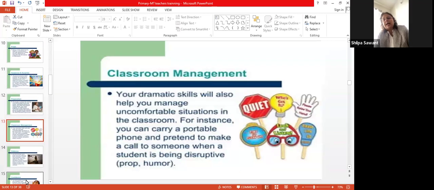Classroom management, as I had spoken earlier, is very important to manage some kind of uncomfortable situation. What does an uncomfortable situation mean? You're teaching a very, very important topic, and suddenly one child feels like puking, and he has distracted the entire class. You call the maid, otherwise the school nurse, and the school nurse is taking care, and then your lesson is disrupted.